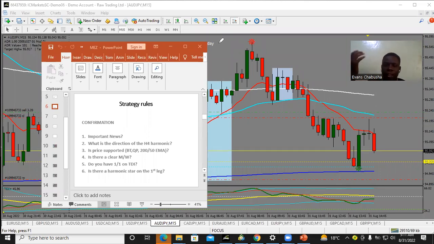You have to make a structure out of the structureless market. So I gave you a format, a structure that you need to follow. The confirmation rules are for us to confirm that what we are following is a valid setup.